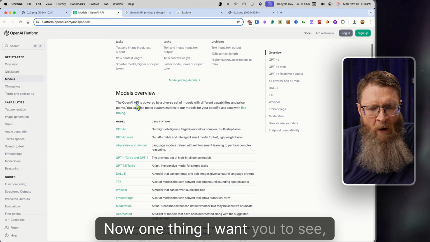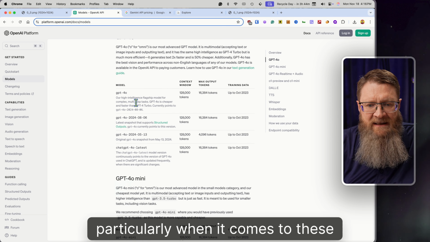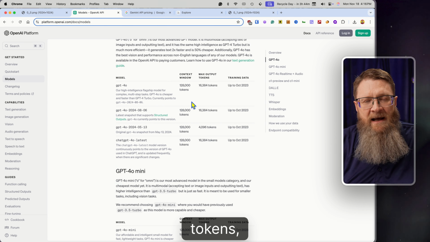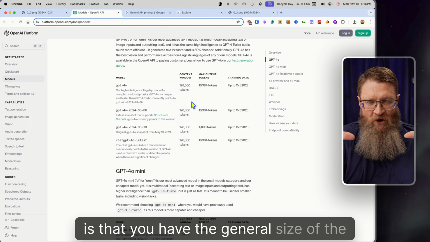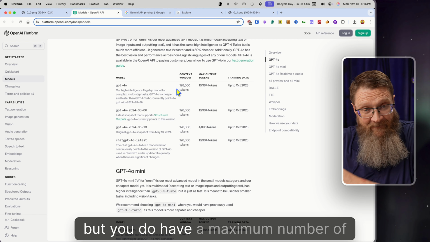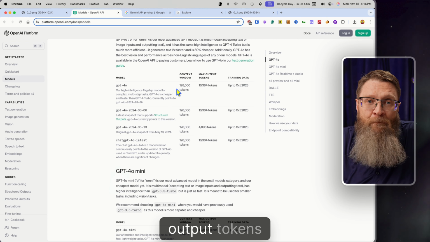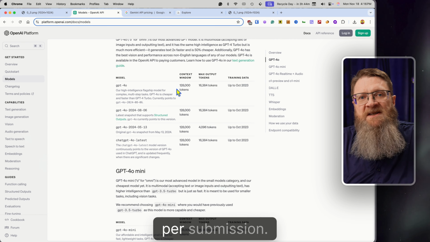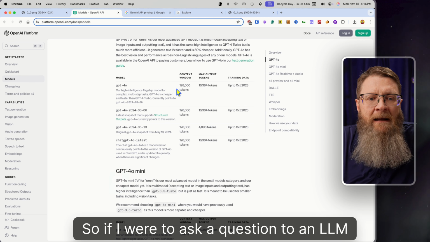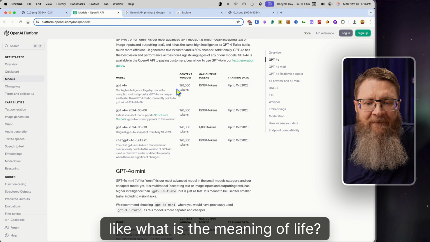Now, one thing I want you to see, particularly when it comes to these models on the context window and the tokens, is that you have the general size of the context window, in this case, 128,000 tokens, but you do have a maximum number of output tokens per submission. So if I were to ask a question to an LLM, like, what is the meaning of life?